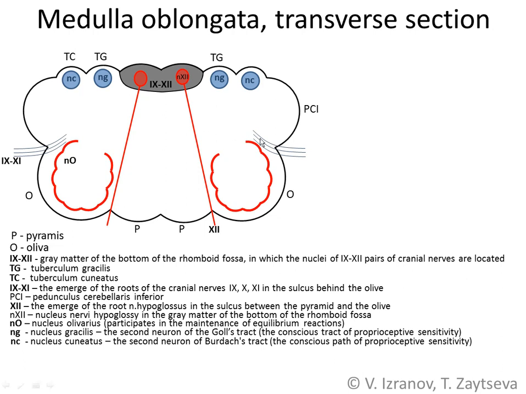Because nucleus gracilis and fasciculus gracilis are responsible for sensitivity of the lower extremity, and nucleus cuneatus for the sensitivity of the upper extremity. So the differentiation is in the zone of innervation.